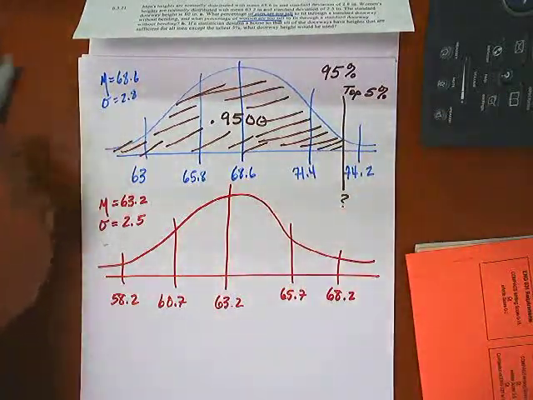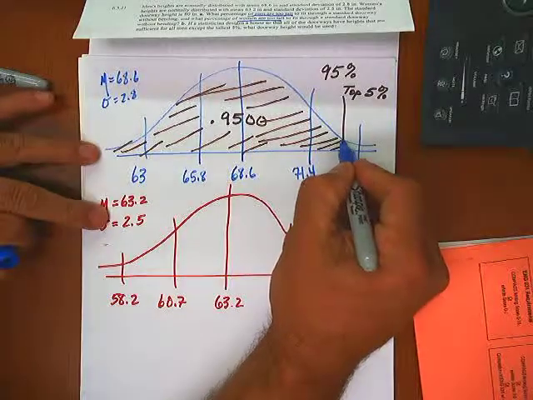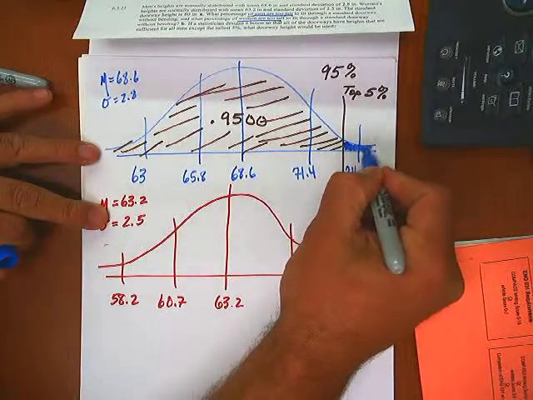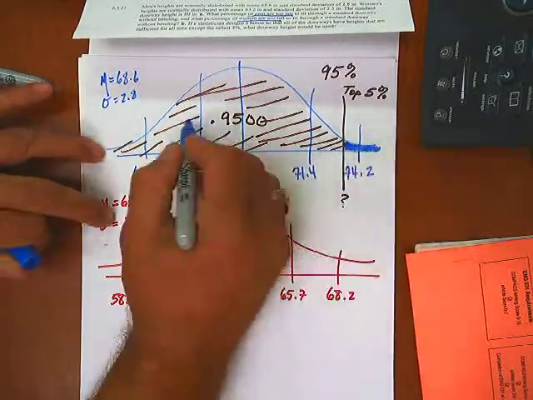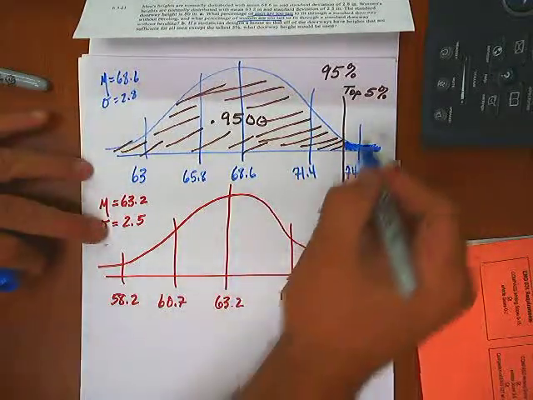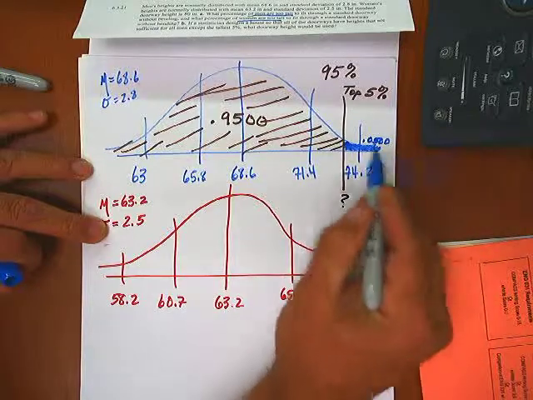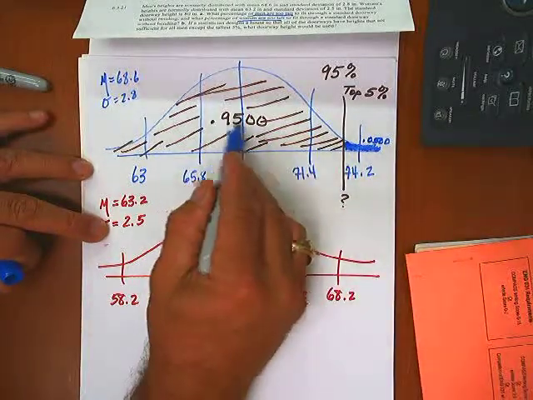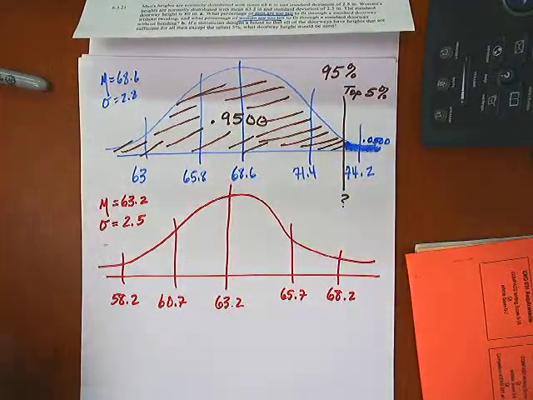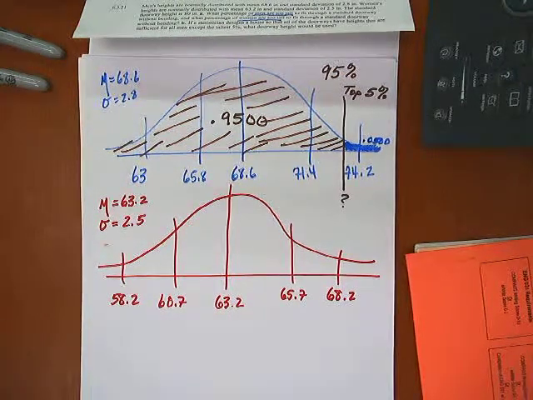Well, if we're looking for the top 5% of men, then that means that we are accommodating 95% of the men on the left hand side because this is 0.0500. 0.0500 plus 0.9500 is equal to 1. So we're done. That's all we have to find.